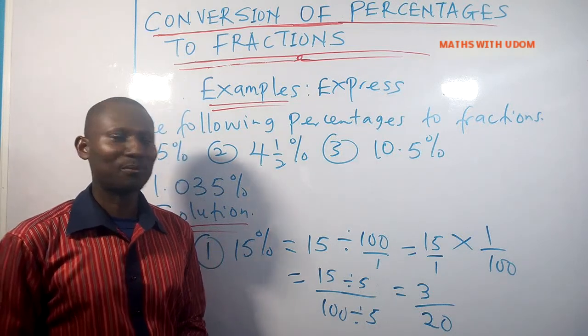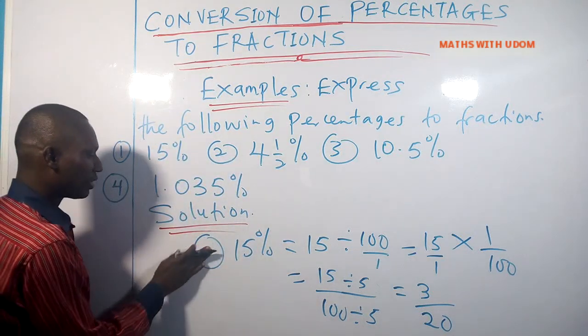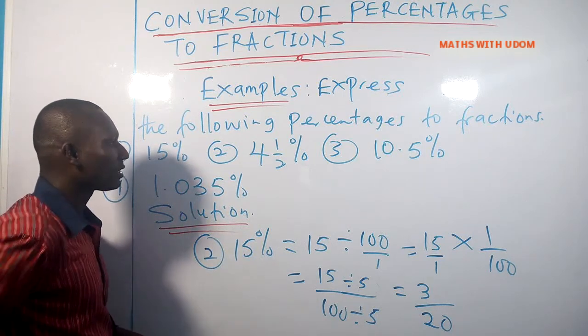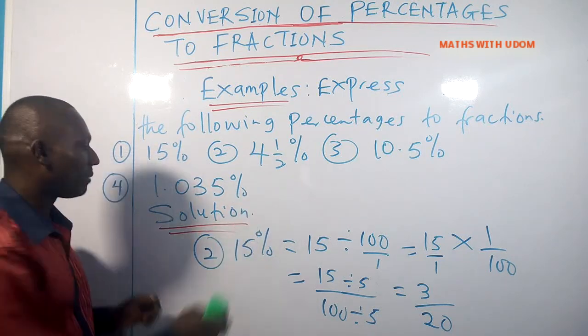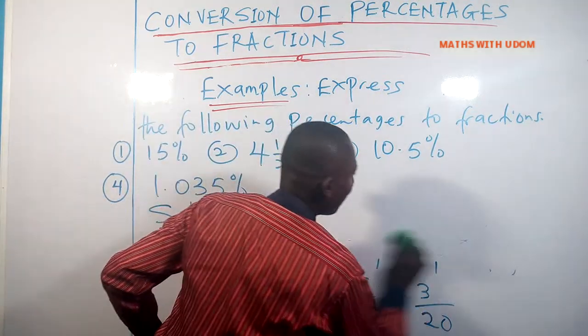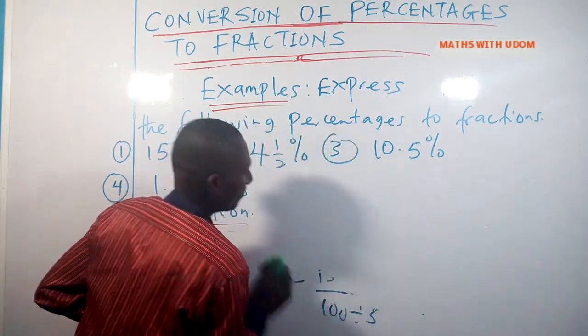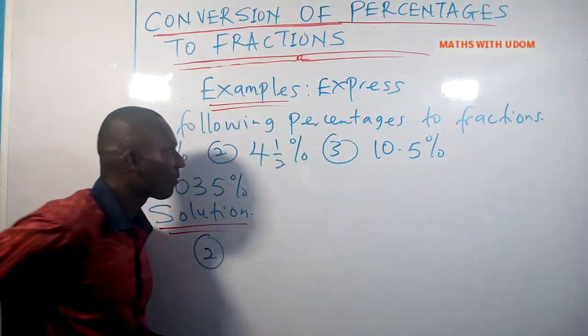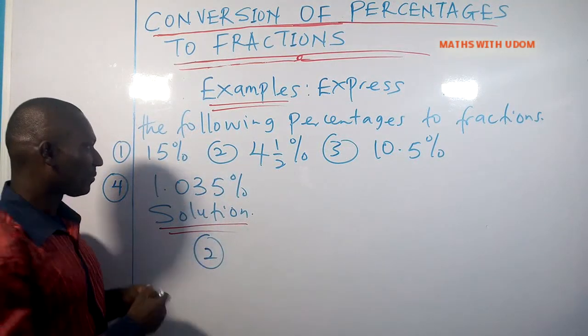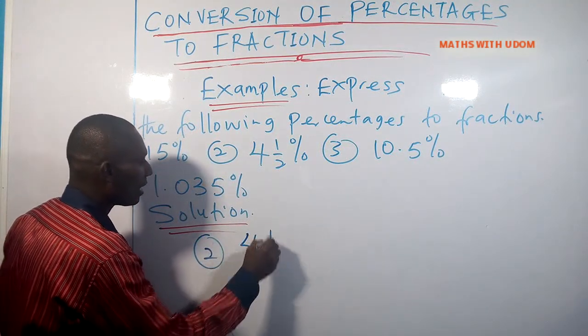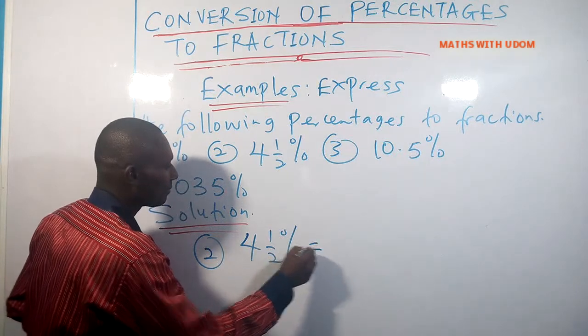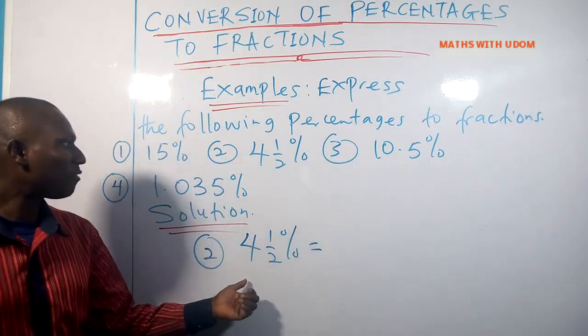Very simple. Let's move to number 2. Number 2 example, which is 4.5%.